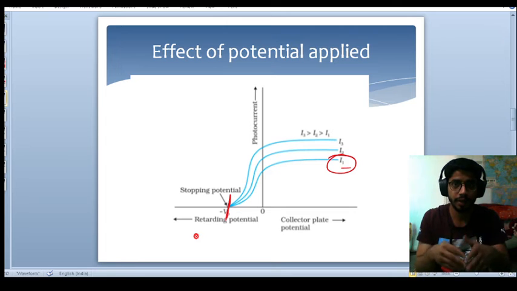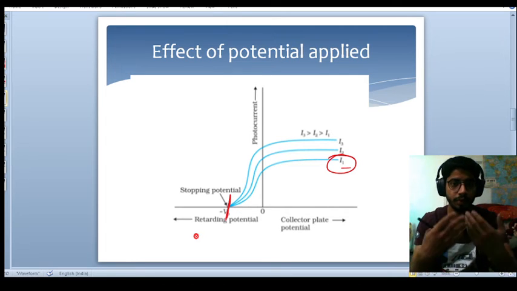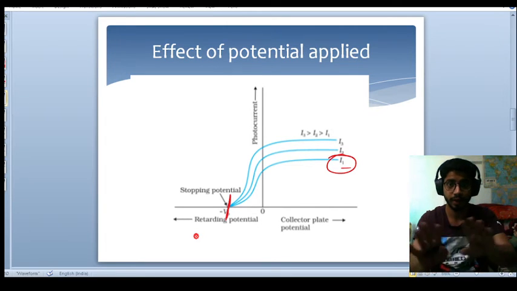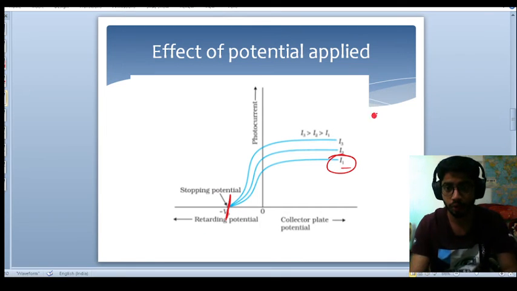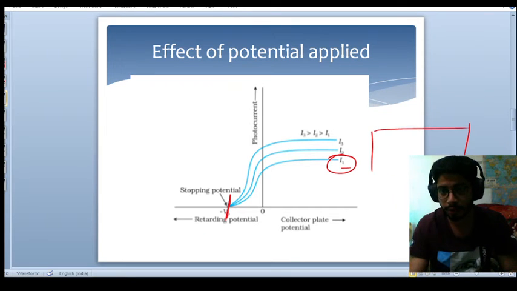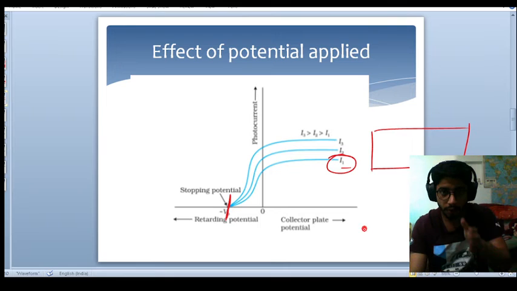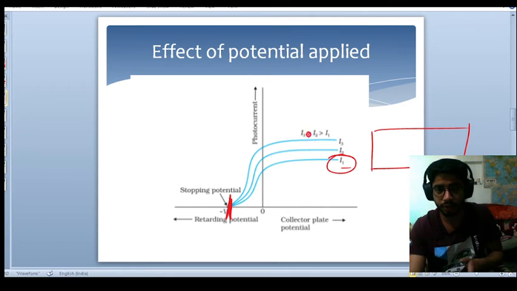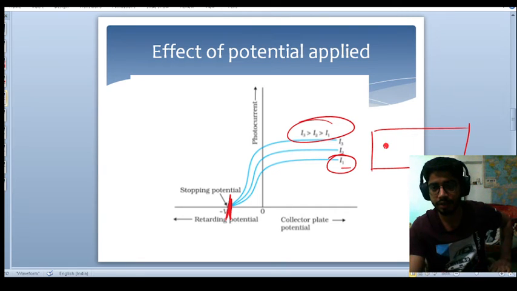If you are increasing the intensity, the number of electrons is increasing, not their kinetic energy. So we have one stopping potential for the different intensities.